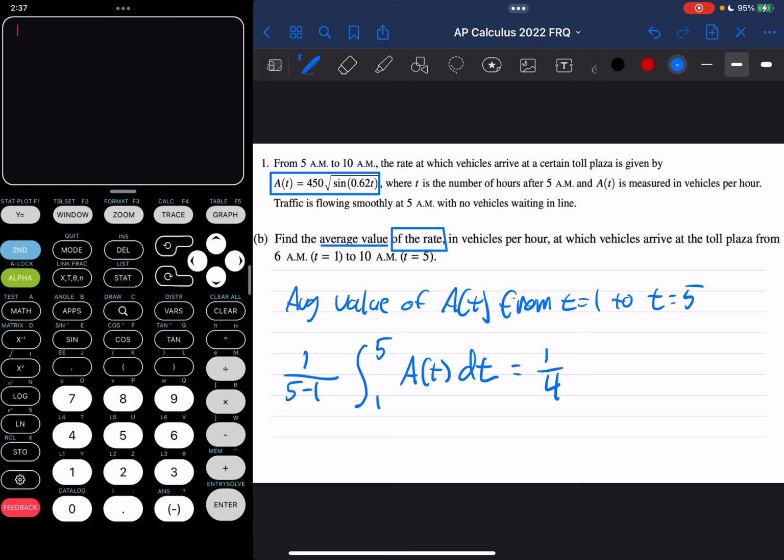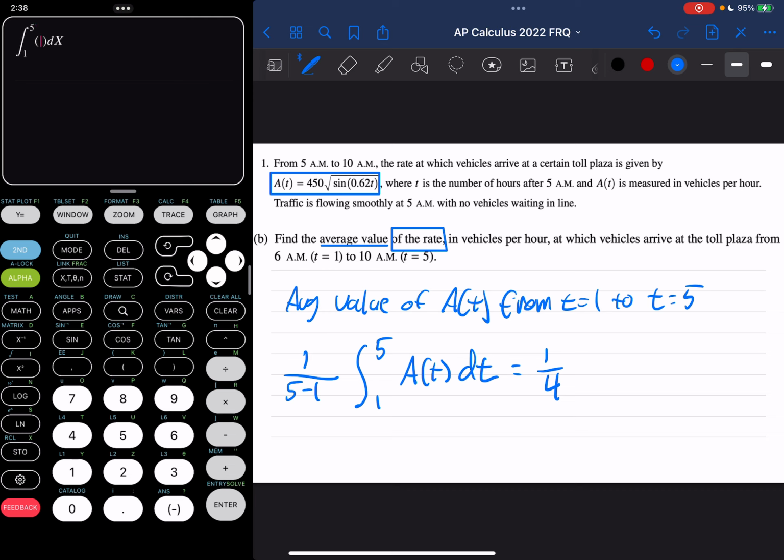So here we're actually going to have to find the value. This is where we're going to use our calculator. I'm going to store this function: 450 square root of sine of 0.62x. And then I'm going to go down to integral, and we're going to go 1 to 5.